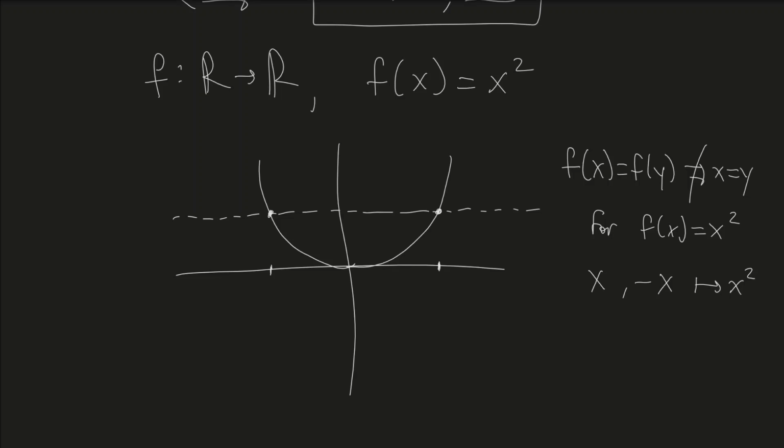So this function is not injective. And what happens when you have a non-injective function is that if you know a specific value in the range, you cannot deterministically go back to the element of the domain that it came from.